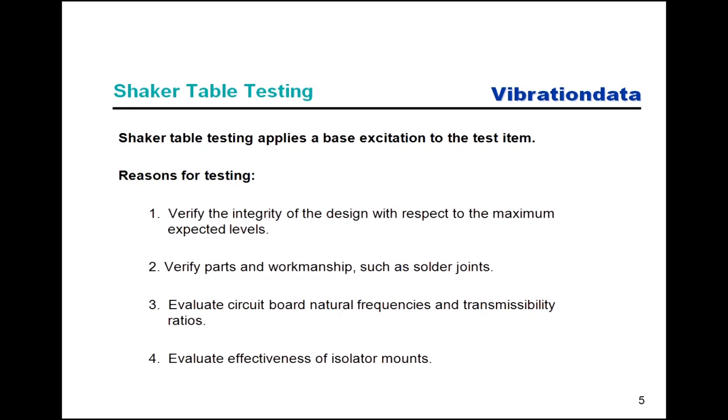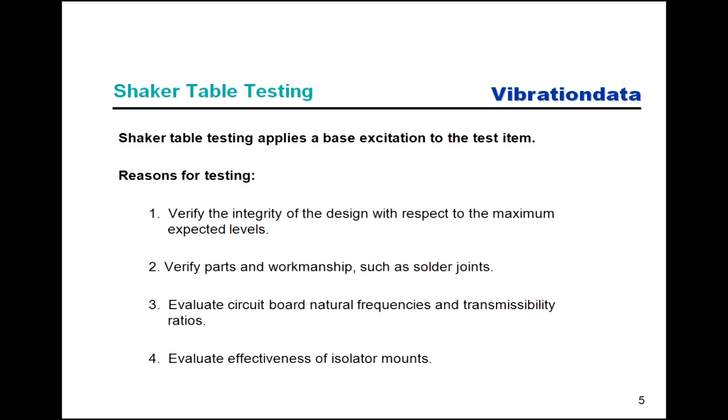Now, for the actual flight unit, which would be the same part number but a different serial number, we might do an acceptance test to verify the parts and workmanship, such as the solder joints and lead wires, because otherwise latent defects might occur as the box is actually subjected to vibration in flight.